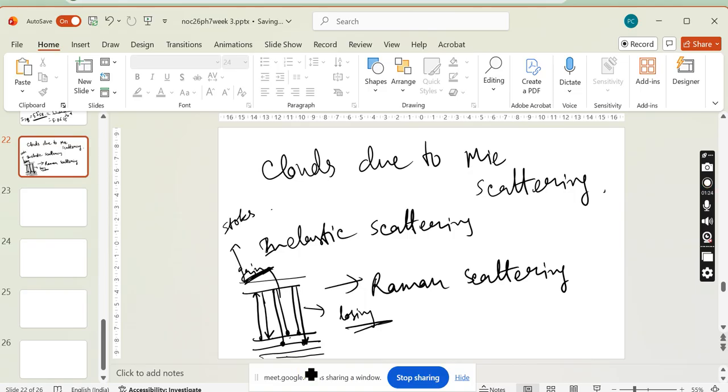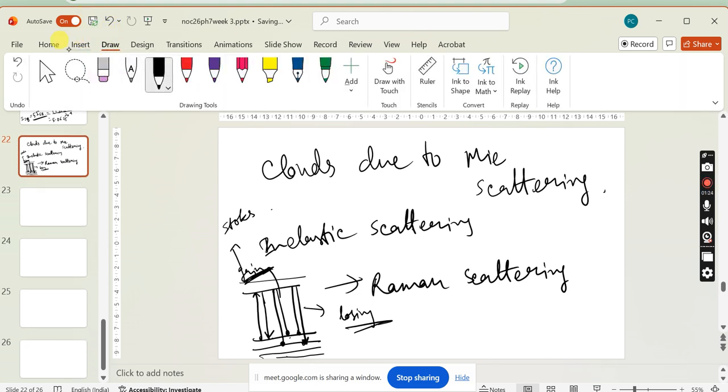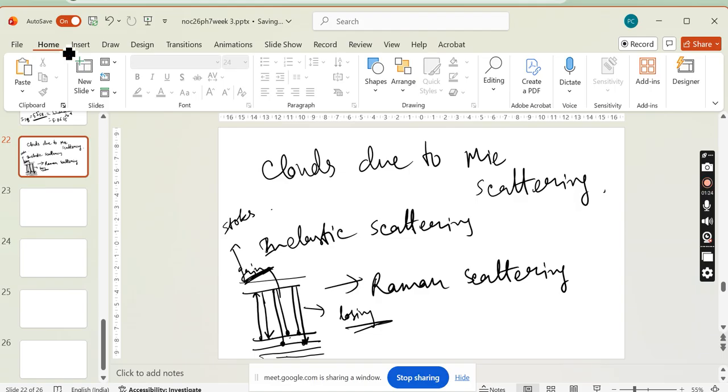And here the scattering particle is losing energy, but the incident photons gain energy. So this is the anti-Stokes line. Between the Stokes and anti-Stokes lines, Stokes scattering dominates.